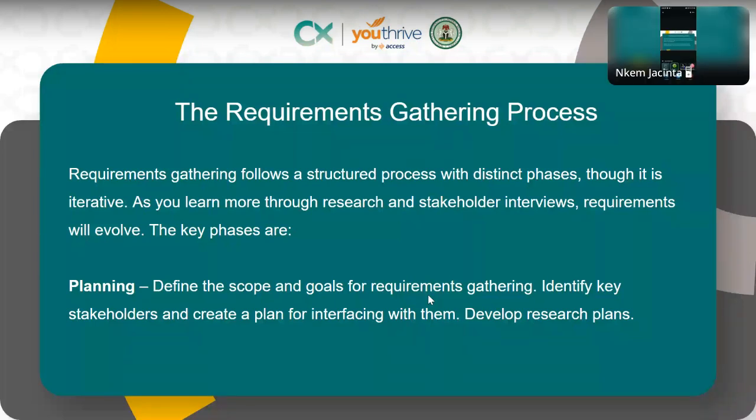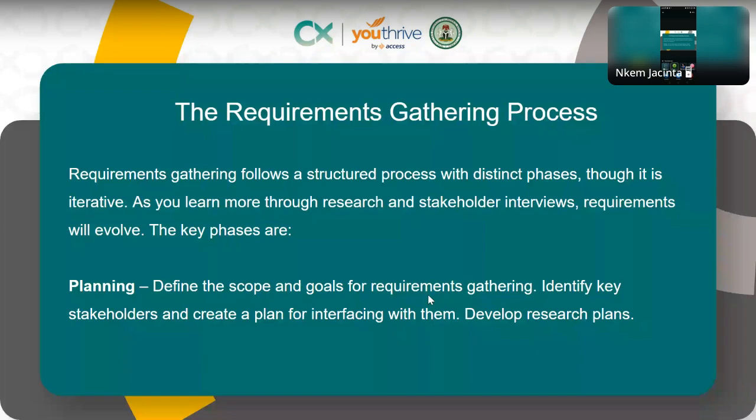Then what are the key stakeholders? Like I mentioned, it could be your partners, your customers, the policymakers, pretty much any party that has a stake in that product, or will be interfacing with the product at some point.